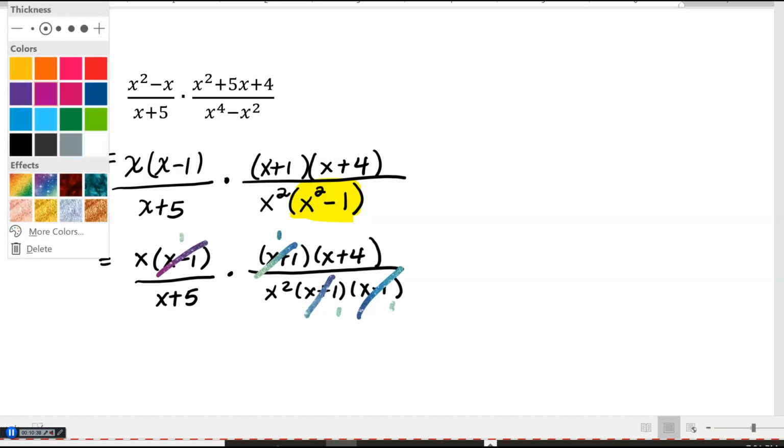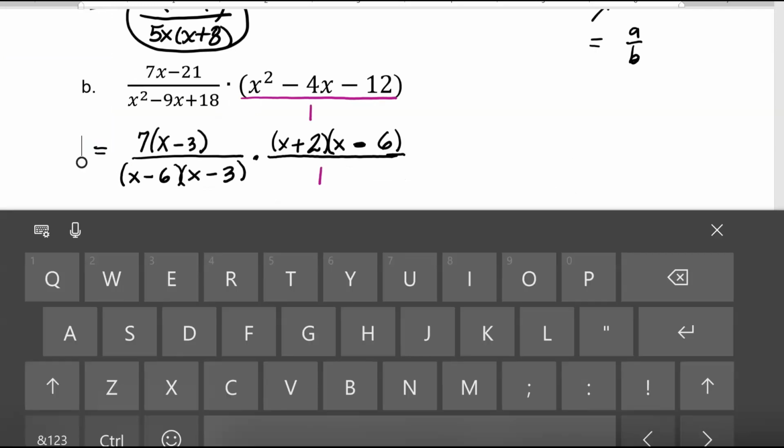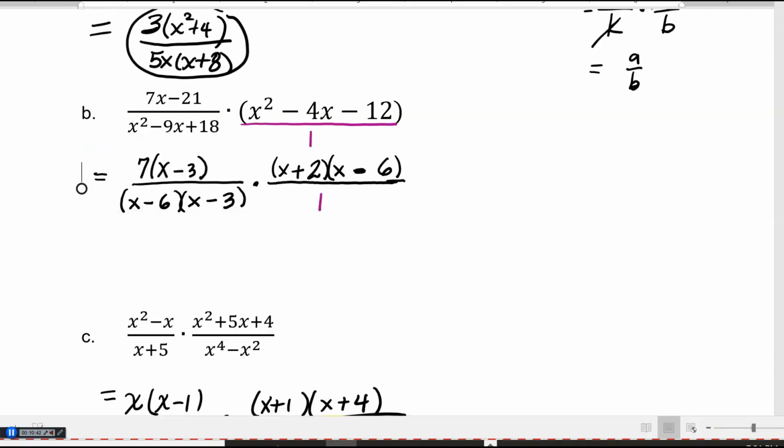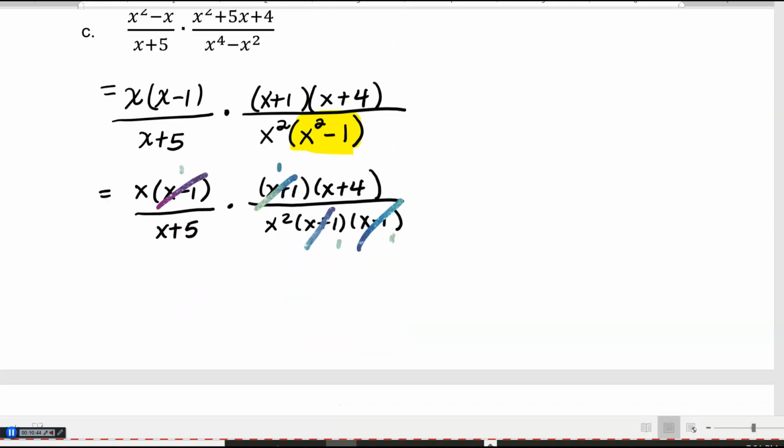I also want to show you there's one other thing that could be canceled here or reduced, and that is this x with this x. See this x and this x. So there's an x in common that we can get rid of, top and bottom. So I'm going to get rid of this x, and that will leave us with 1x down here.